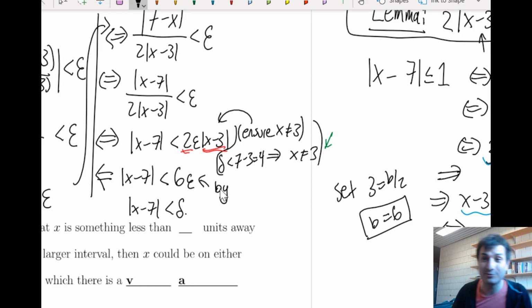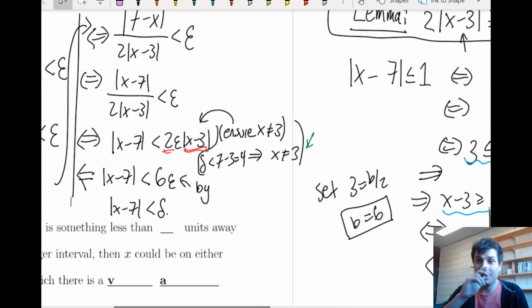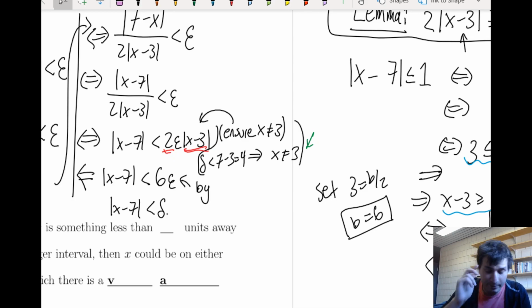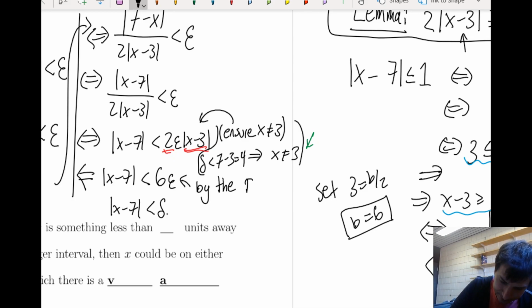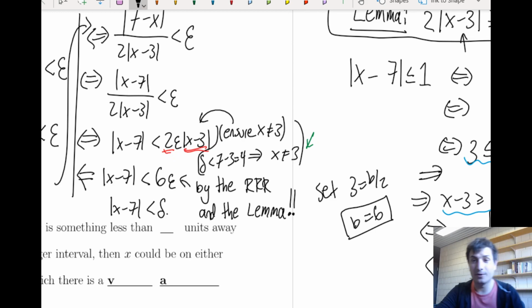Right replacement rule is with the backwards arrow. So you could double check that, the right replacement rule, that you know which way it's going. It's like this. By the right replacement rule and the lemma.